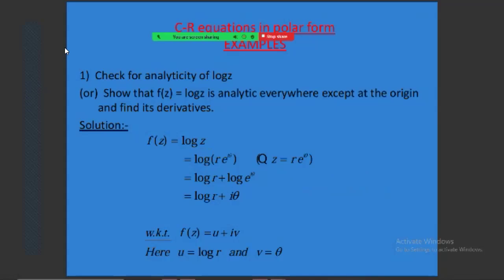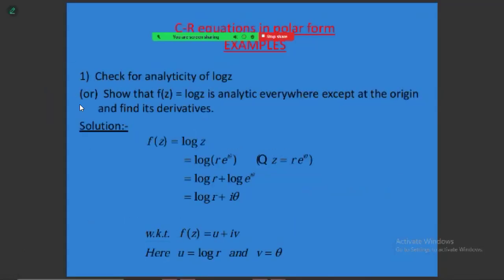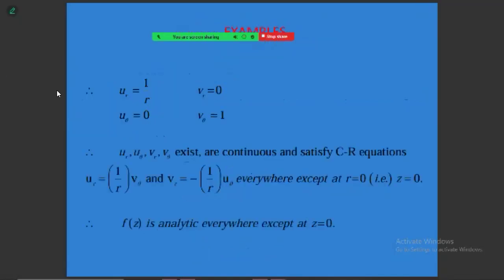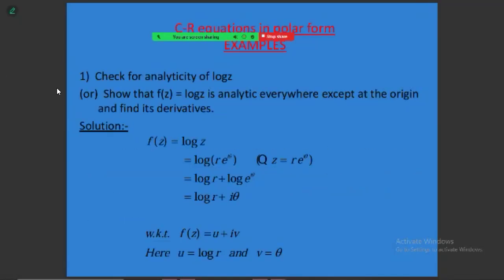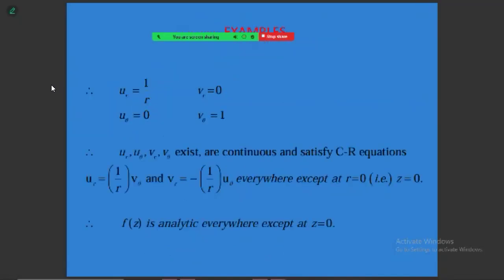So u r is equal to 1 by r, since the differentiation of log r is 1 by r, and u theta is equal to 0. Similarly, v r is equal to 0 and v theta is equal to 1. So all these functions are continuous and it satisfies the CR equation for polar form. What is the polar form? u r is equal to 1 by r into v theta, correct.